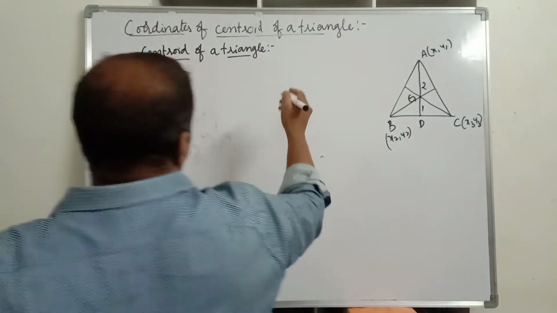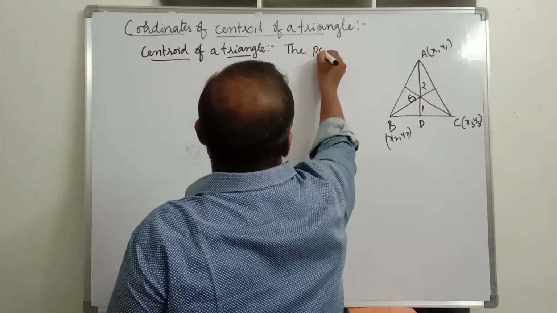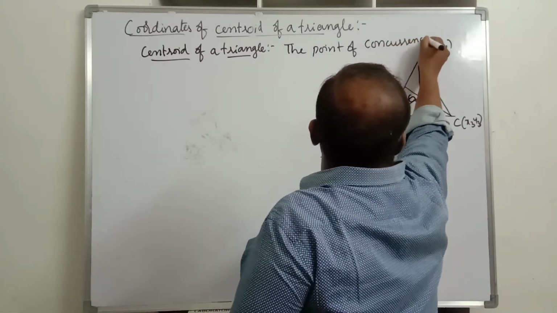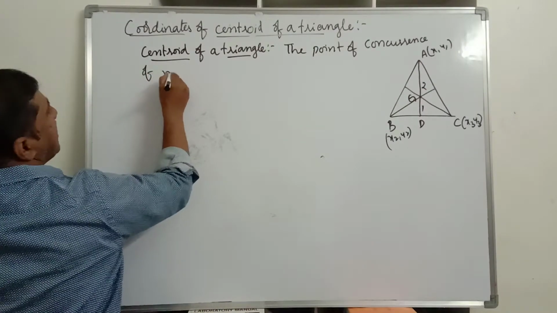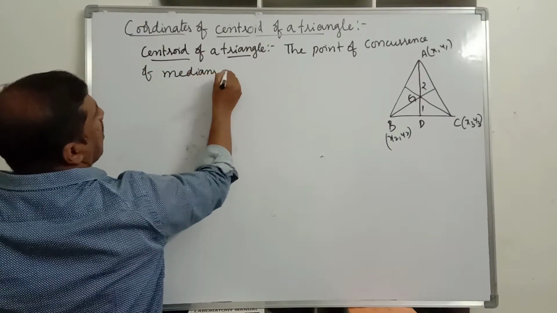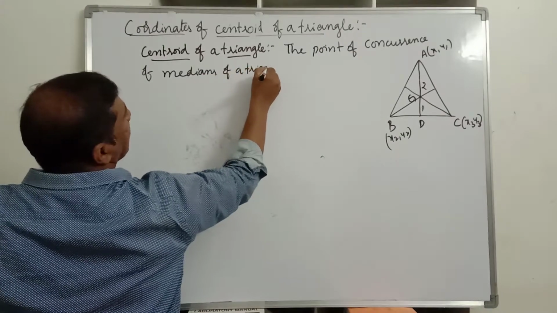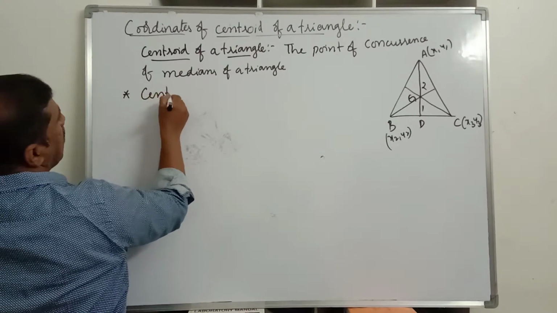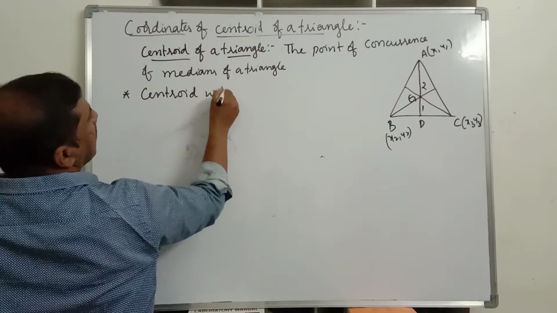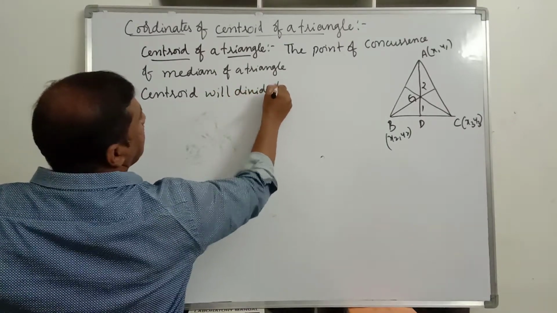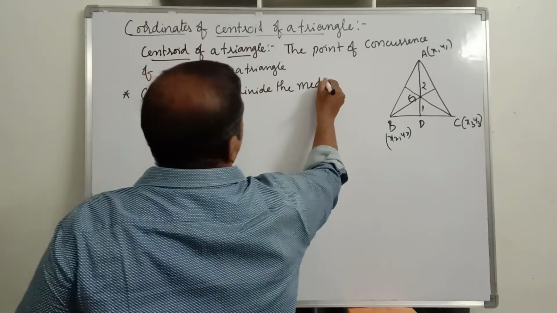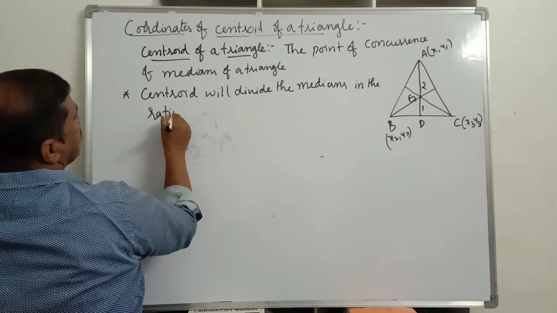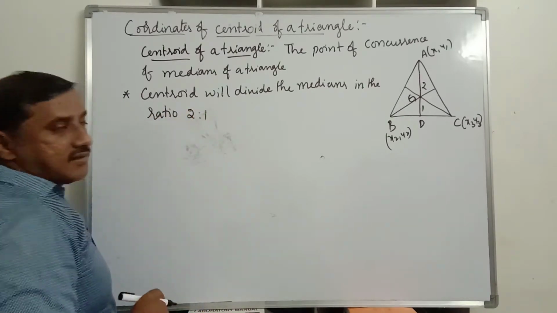So now, what is the centroid of a triangle? The point of concurrence of the medians of a triangle, as we studied in lower classes. The centroid will divide the medians in the ratio 2:1.